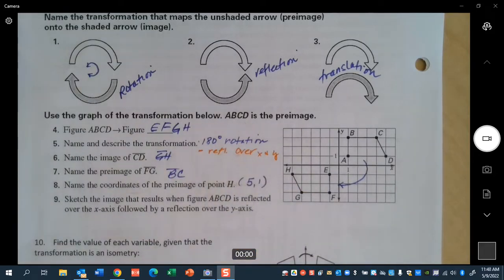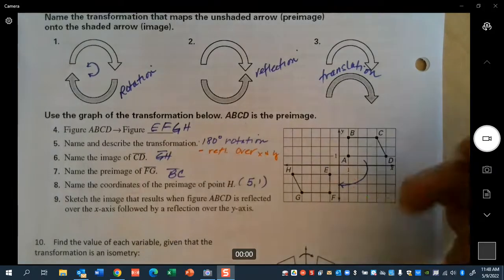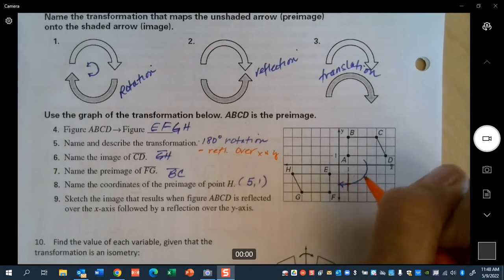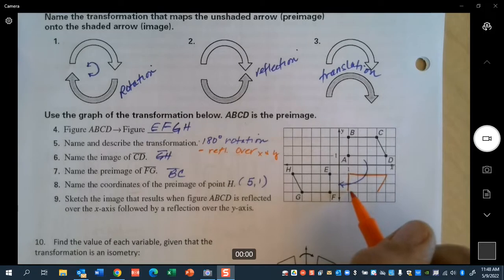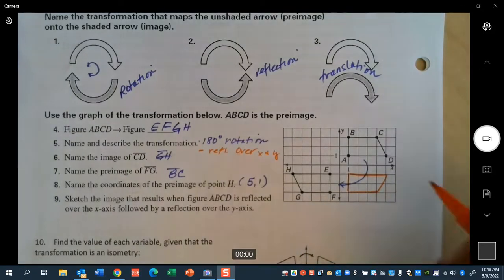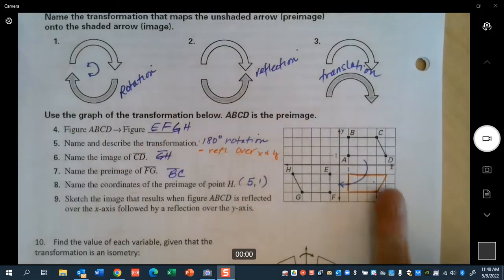Sketch the image that results when figure ABCD is reflected over the x-axis, followed by a reflection over the y-axis. So reflected over the x-axis is going to look like this, because it went over the x-axis and then over the y-axis. There you go.